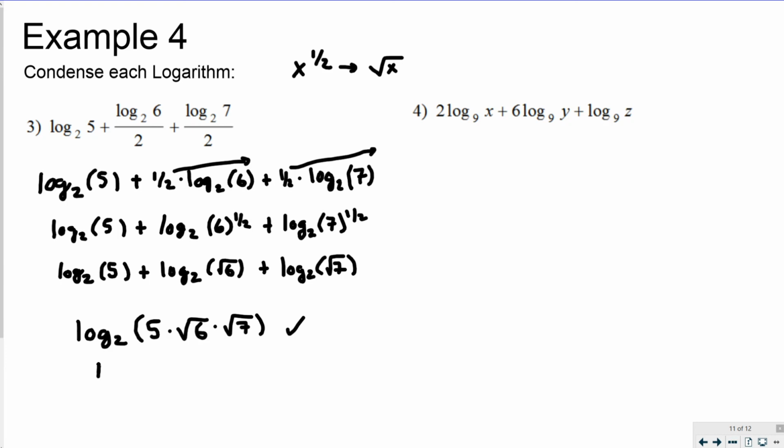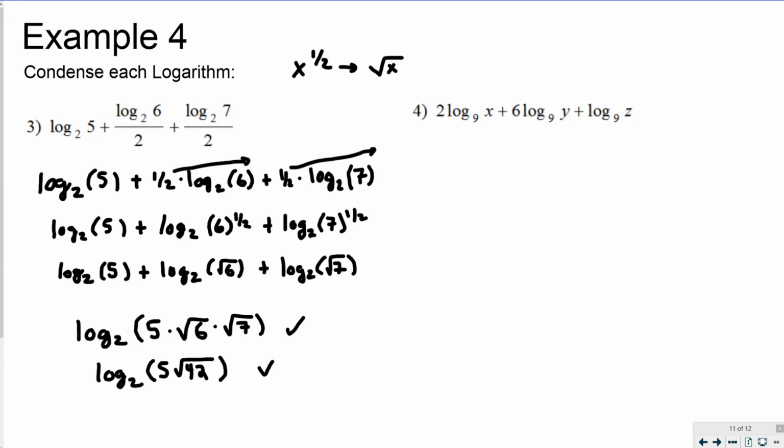I prefer myself to write log base 2 of, and then in parentheses here it would be 5 times the square root of 42. I consider the final bottom one to be fully condensed. However, if you did square root of 6 times square root of 7 and didn't multiply those out, that would be totally acceptable as well. So that one condensed.